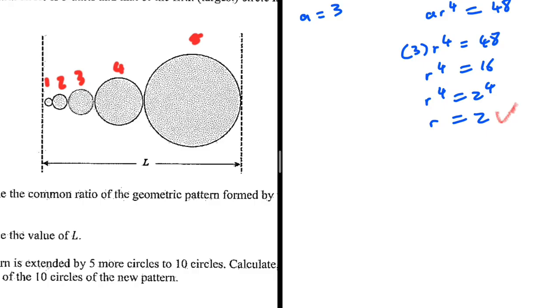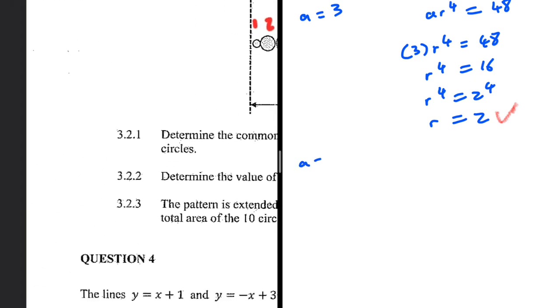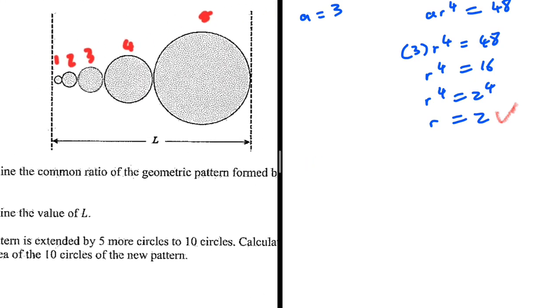Take a look at this. We know that in 3.2.2, A is equal to 3 and R is equal to 2. So we can calculate the sum with these 2 variables, right? Let's see, S5, the sum of the first 5 circles.